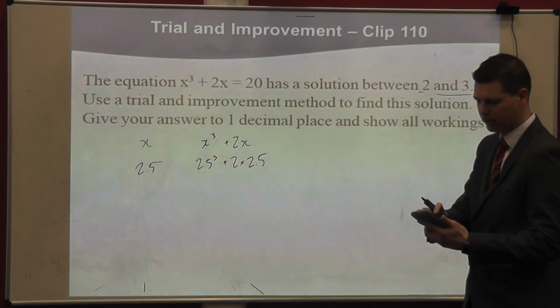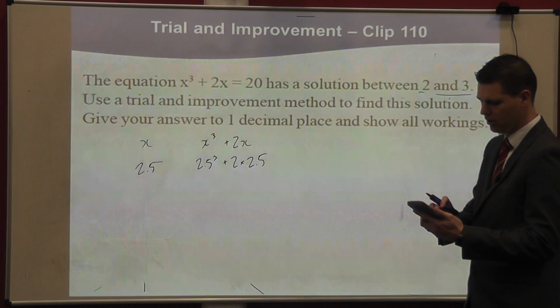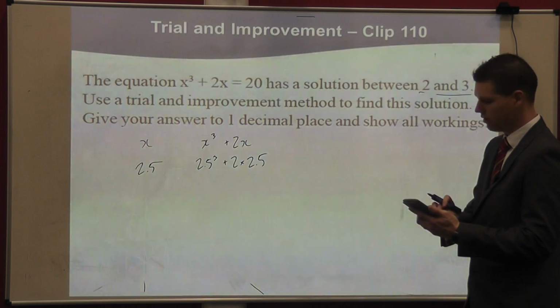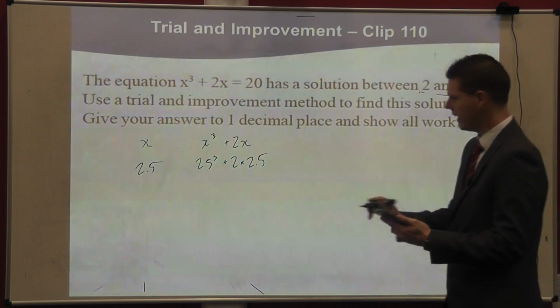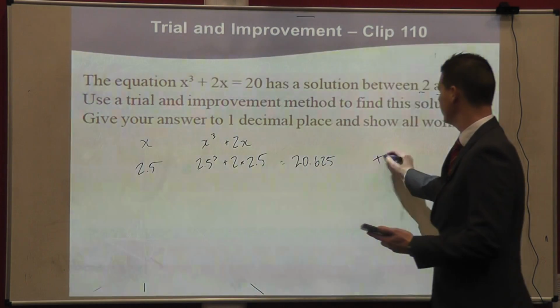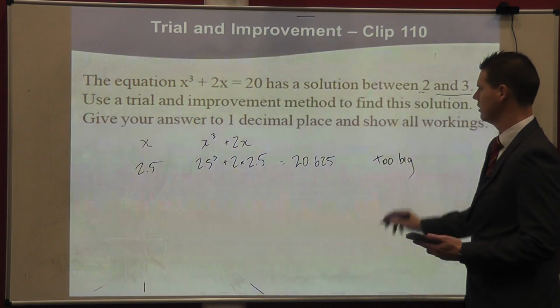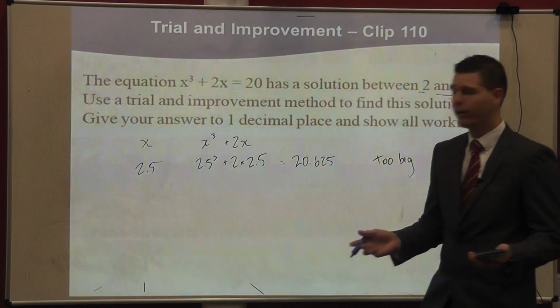On your calculator, it's a calculator paper, 2.5 cubed plus 2 times 2.5. I get 20.625, which is too big.